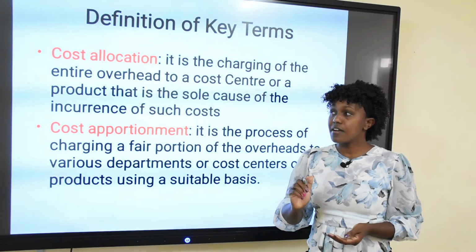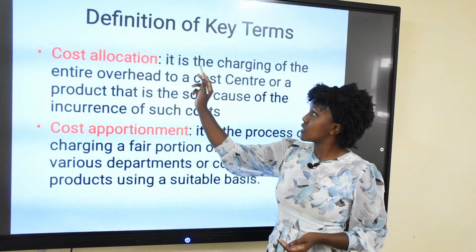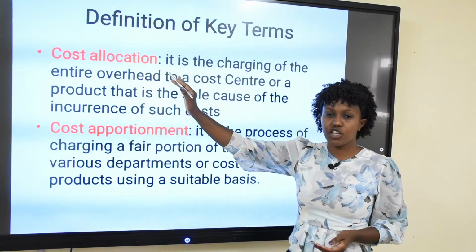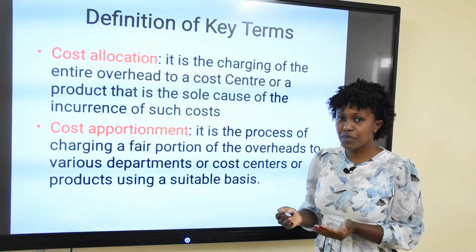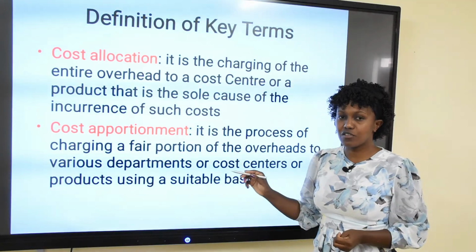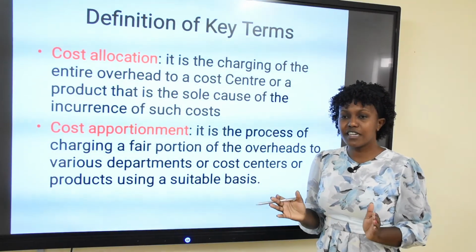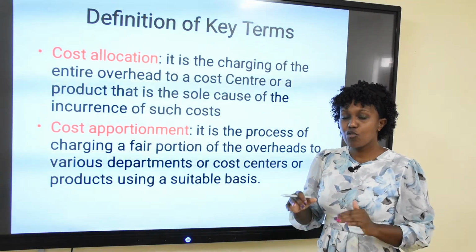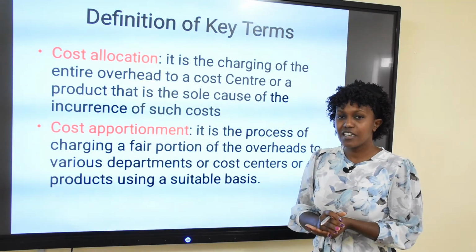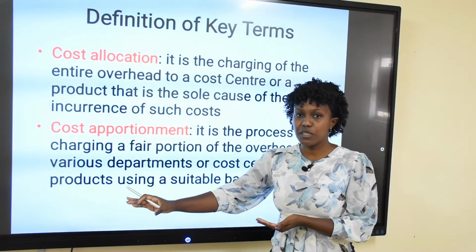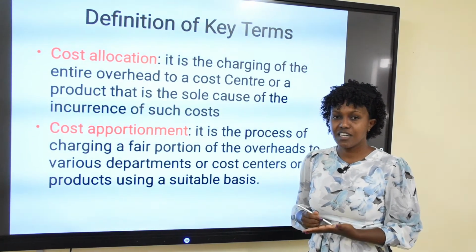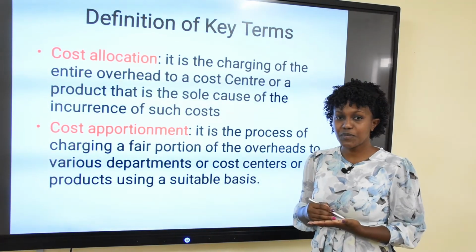All right? Now, when you talk about allocating, it is where you charge the entire overhead to a certain department that is known to incur that cost. So there are certain overheads or certain costs. You look at this cost and you know this is a cost that is specifically belonging to a certain department. For example, if you have factory insurance, that is an overhead.